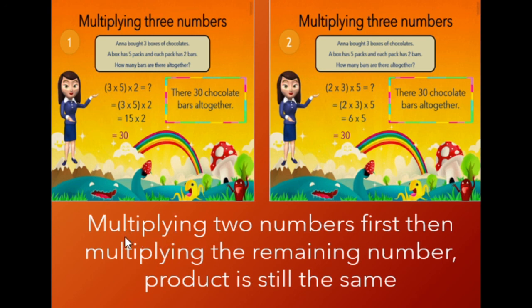That means multiplying 2 numbers first, then multiplying the remaining number after, the product or answer is still the same.